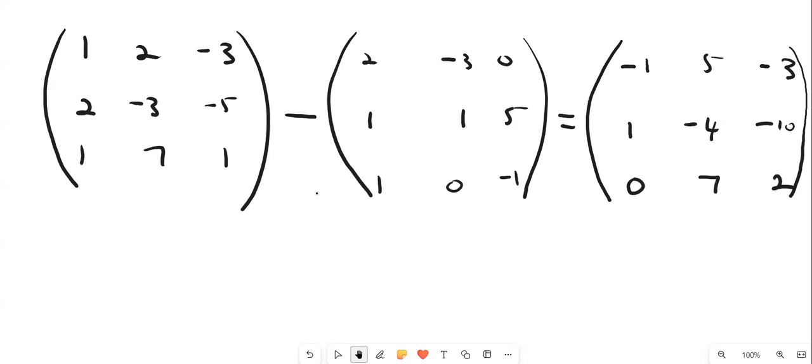So we did addition there, we did subtraction. These are the easy stuff, the very easy stuff.